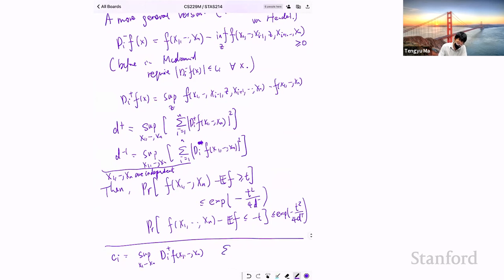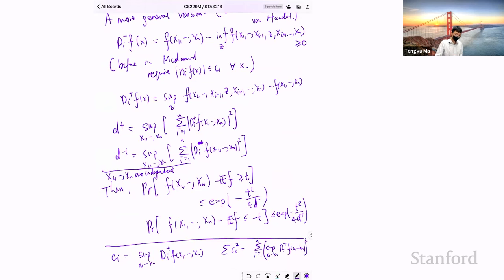And then the sum of c_i squared, the variance proxy in McDiarmid, is the sum over i from 1 to n, where you take the sup over x1 up to xn of d_i plus f, squared. So you look at the global sensitivity for every coordinate, and then you take the sum.